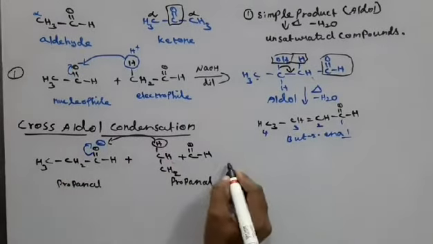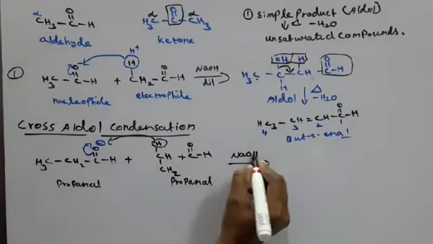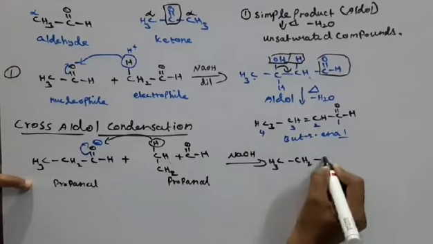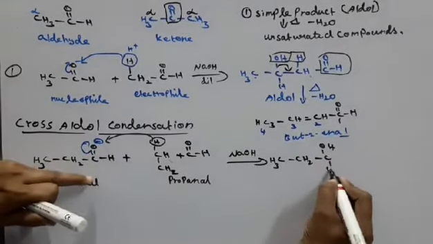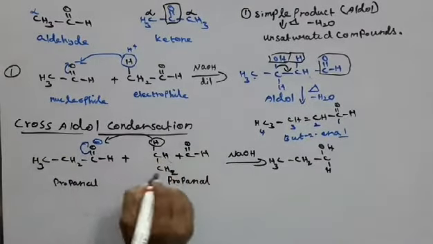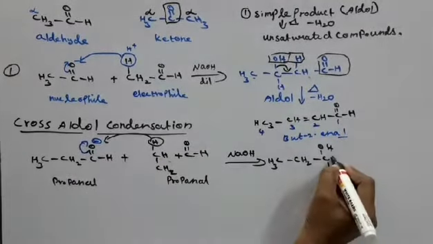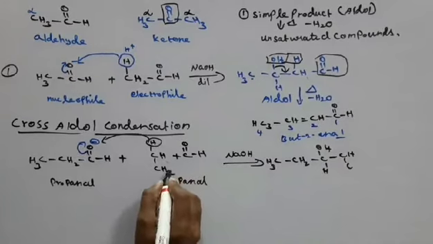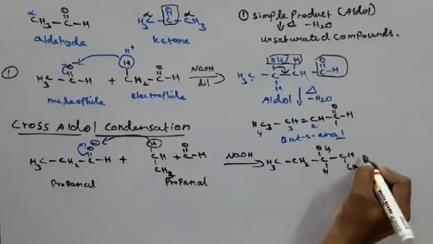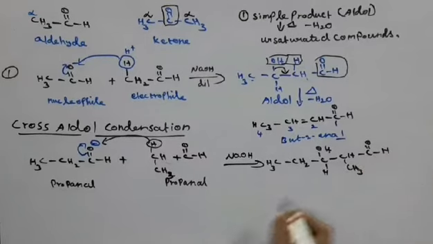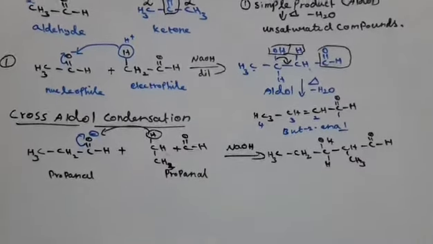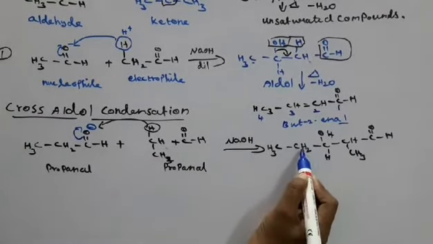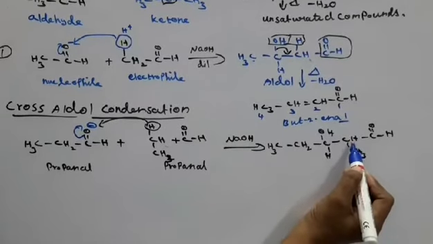So what do you get in the presence of NaOH? CH3 CH2 C O H CH, and the remaining part, so we have to write here CH and CH3, then C double bond O H. Here you see, according to our Zaitsev rule, carbonyl group is present, CH2 group is present, here also CH is present.